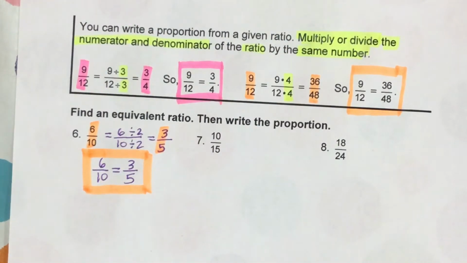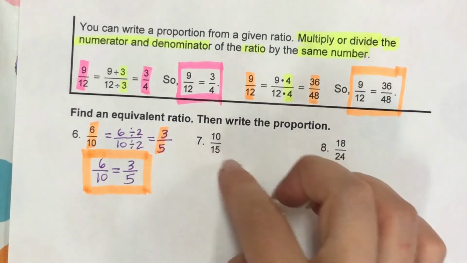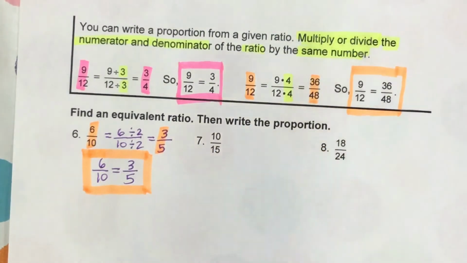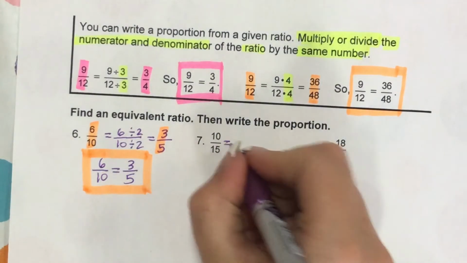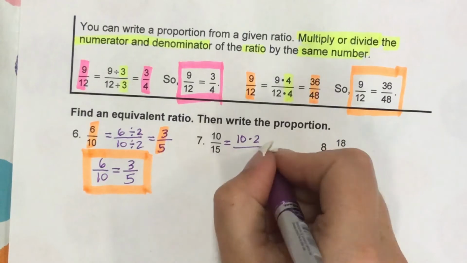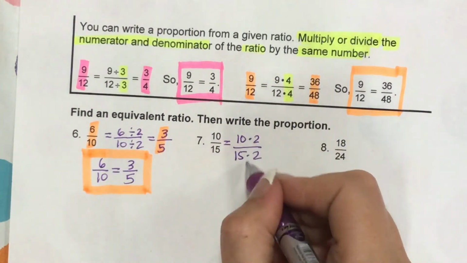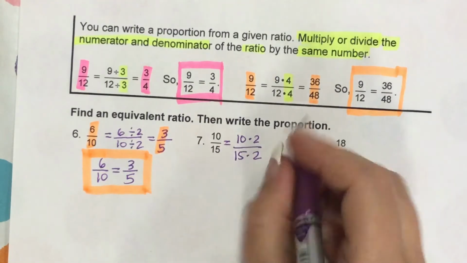So yeah, let's go ahead and do number 7. So how about, instead of dividing 10/15 to find an equivalent ratio, how about we multiply the top and the bottom by 2? So we can say, hey, 10 times 2 divided by 15 times 2. So we're multiplying them both by the same thing.